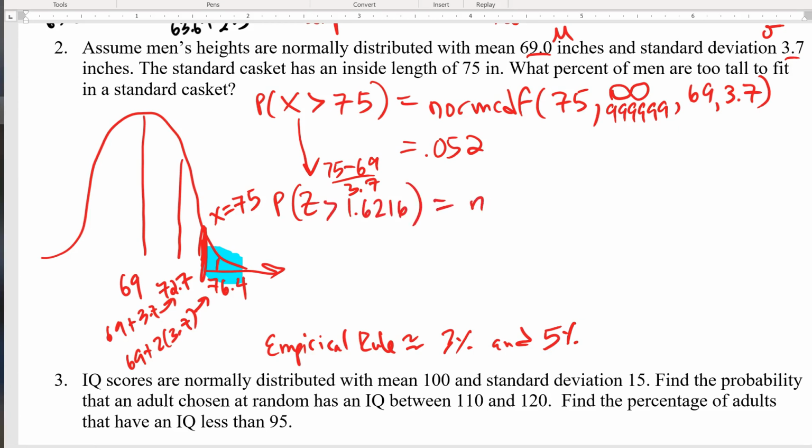See, I can run norm CDF on that z-score. Now my minimum would be that 1.6216. My maximum would still be infinity. But the mean of a z-score, the mean of a standard normal distribution, would be 0. And the standard deviation would be 1.